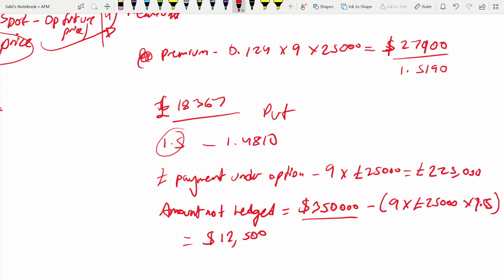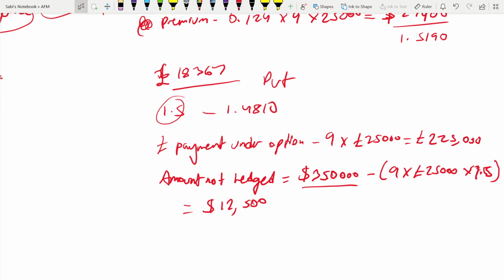This 12,500, you are using the spot rate to convert into pounds. Remember, everything needs to be converted into pounds at the end. So the spot rate at that date is 1.4810. So in pounds, it will be 8,440, the amount unhedged.